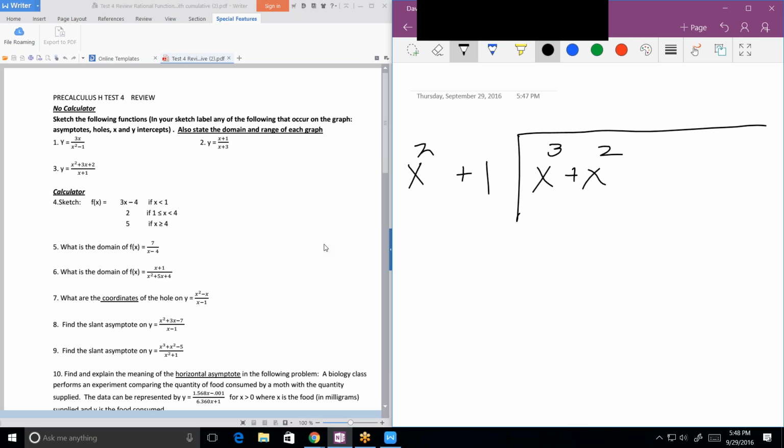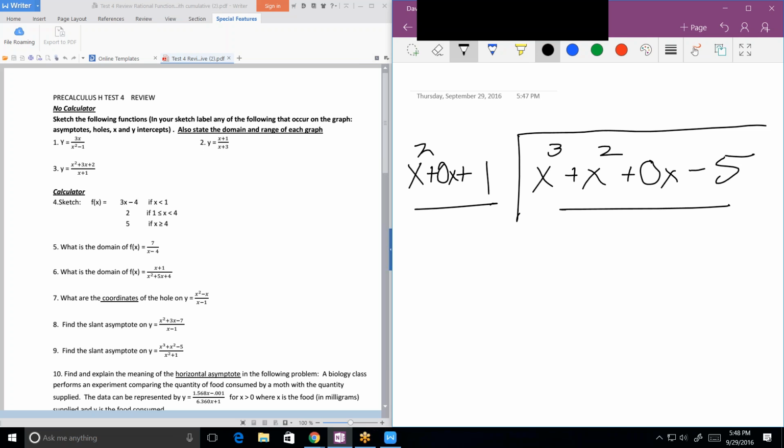So the numerator is missing an x term also. So you have 0x minus 5, and here you put a dummy variable also. If I'm dividing something by x squared plus 1, I'm really going to divide this polynomial by this whole polynomial. Okay, what's the first step?